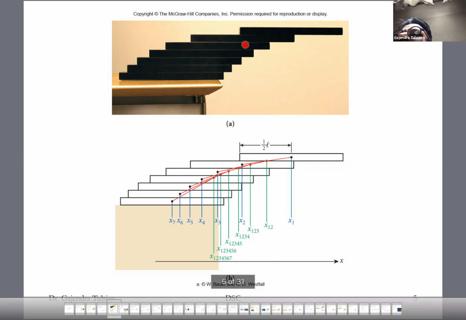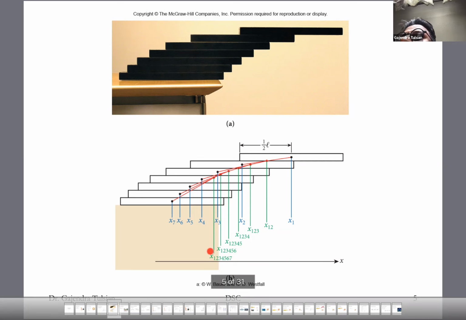And the trick to this is the following. You learned that an object will not topple over as long as its center of gravity is behind the edge. So this thing will not topple over as long as the center of gravity of this whole thing, which is 1 2 3 4 5 6 7, there are 7 tiles, is behind the edge of the table.